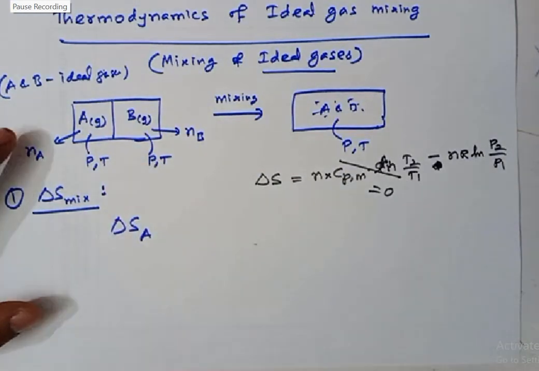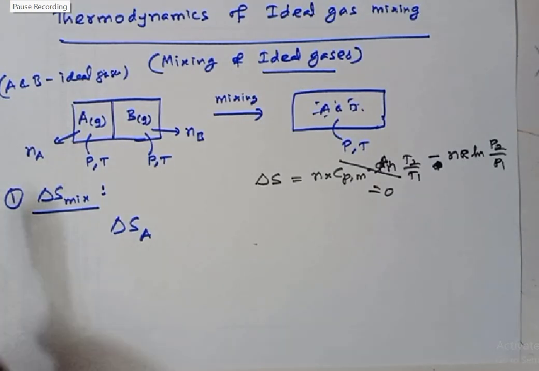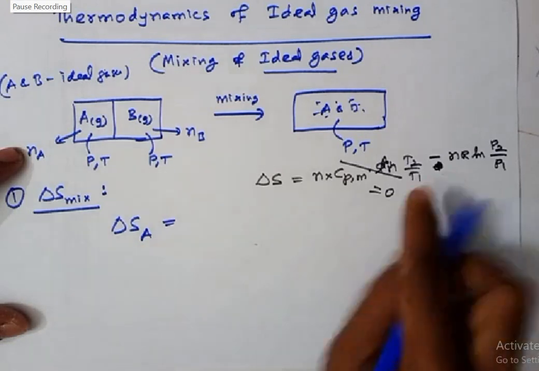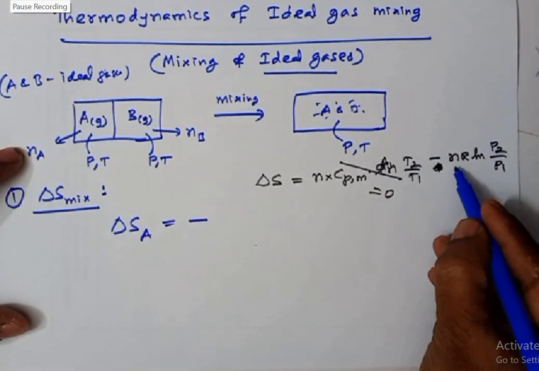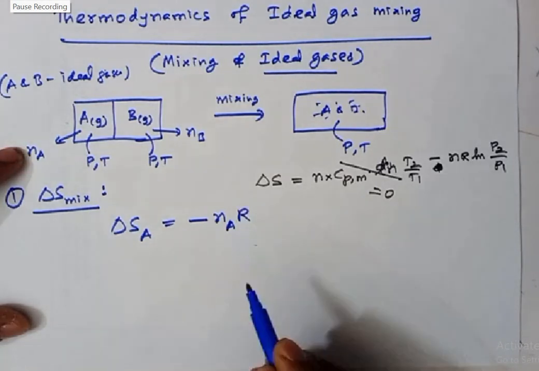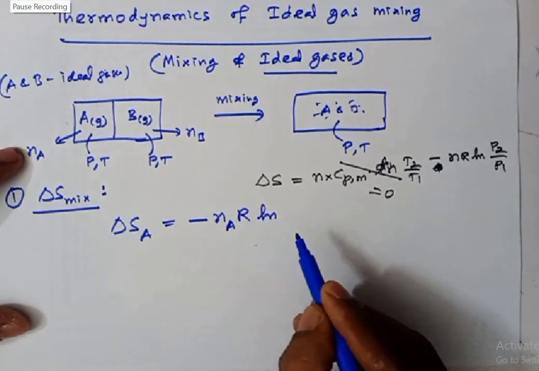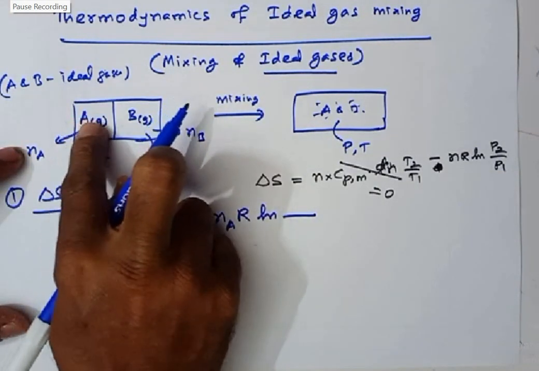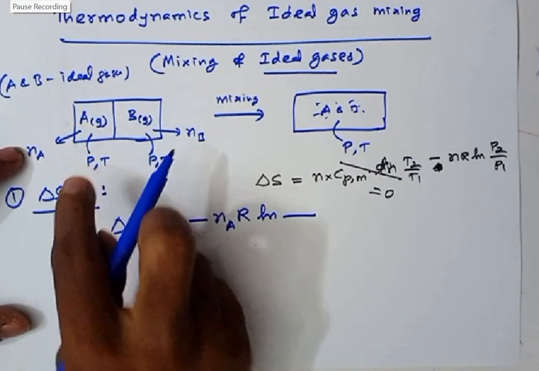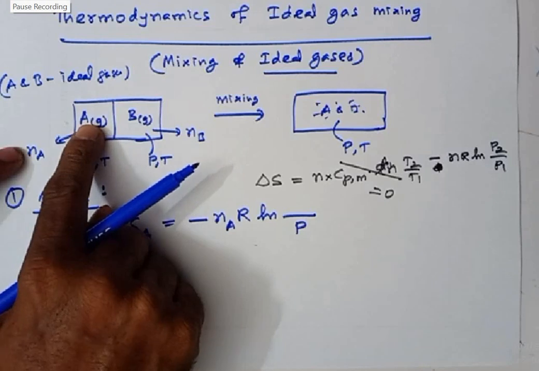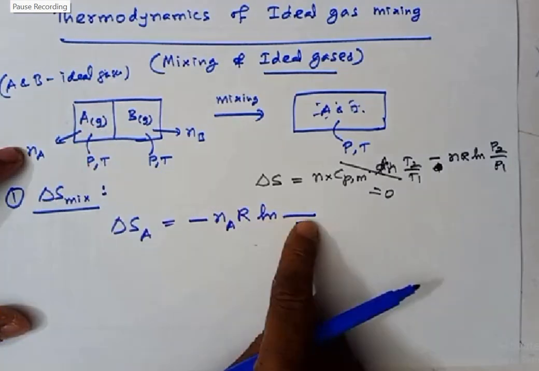Now delta S for gas A equals minus N, here the number of moles of gas A, into gas constant R ln, what is the initial pressure? Observe carefully. Initial pressure is nothing but the pressure of gas A, which is P.